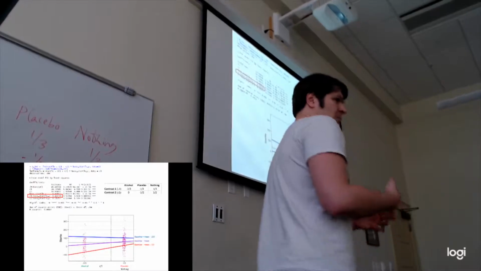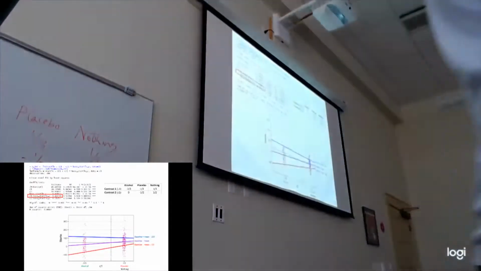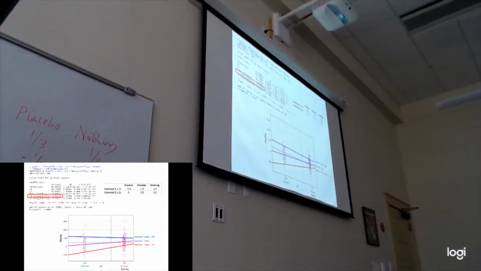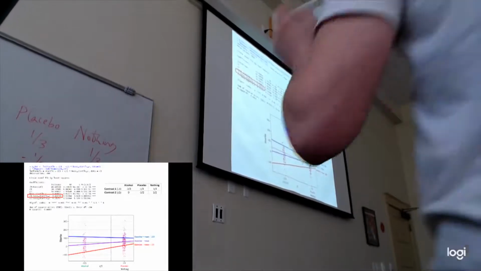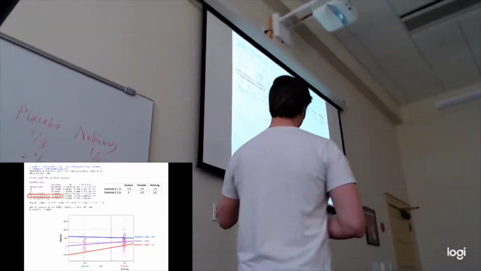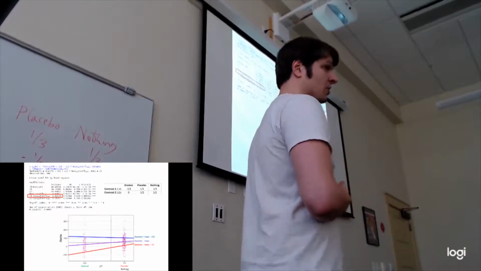Based on what we've just discussed, how do you think this coefficient, the coefficient for the interaction between C1 and baseline startle, is represented in this graph?